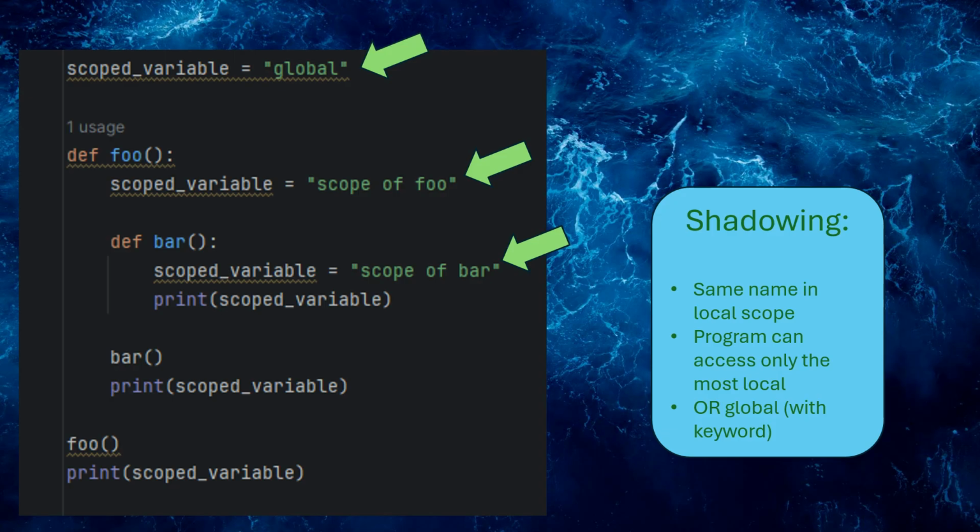And here important is it can only access the most local, so to speak, or it can use the global one with the keyword. But you can never use the local one from a higher local or from a higher global. Maybe there's a workaround to make it work. Probably there is, but yeah, just don't do it. You're going to confuse yourself and others. If you really need both, just use a different name, right? So basically, if you use the same name, you want to replace it in the function.